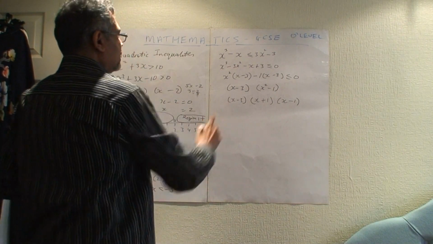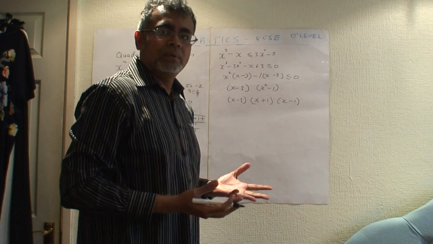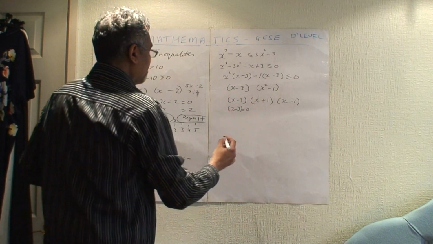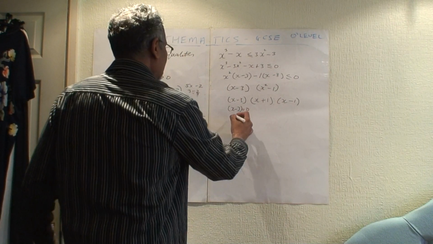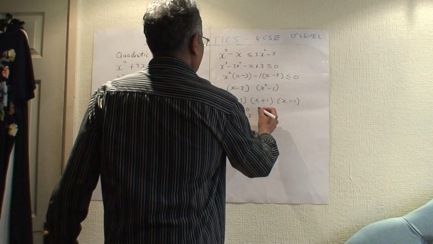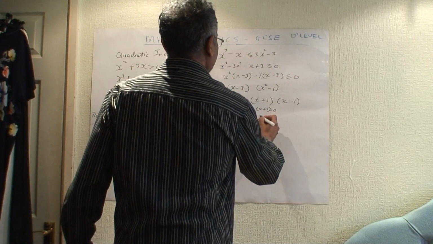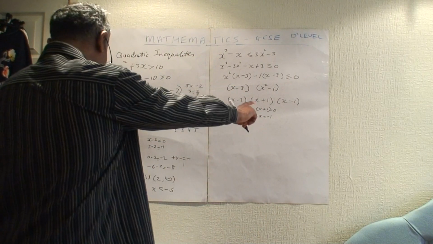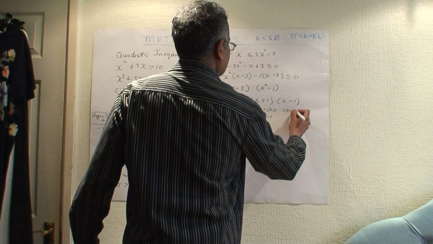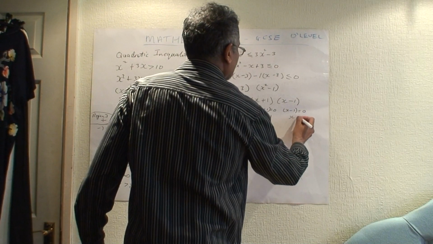Now having done that, we can find the values for x if each one here is equal to 0. If x minus 3 is equal to 0, then x is equal to 3. If x plus 1 is equal to 0, x would be minus 1. And if x minus 1 is equal to 0, then x obviously is 1.